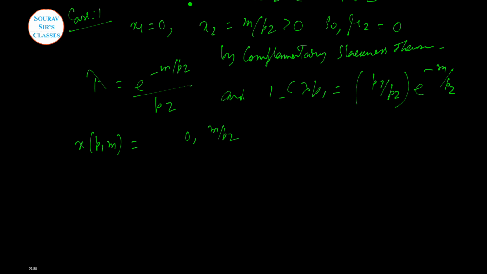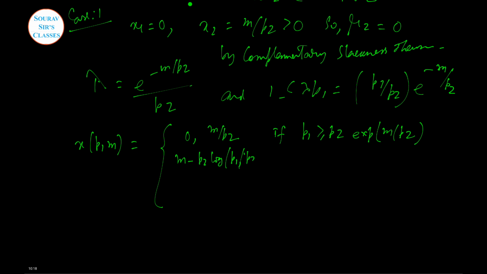Okay, so he's not purchasing anything of good one when P1 is greater than or equal to P2. Next, x2 is actually e to the power m by P2. Next is, you will purchase log of P1 by P2, and the last one is m by P1, comma 0.